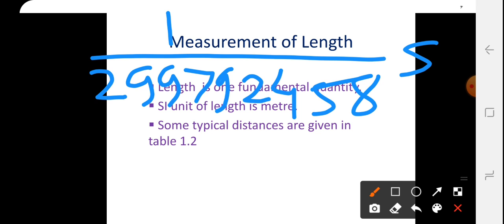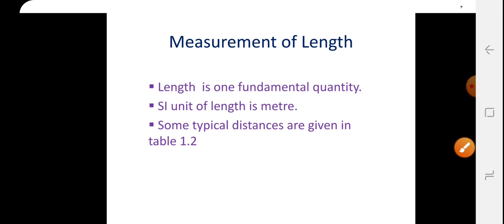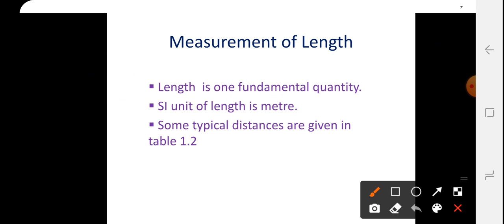This is possible only when the speed of light in vacuum is expressed as 299,792,458 meter per second.